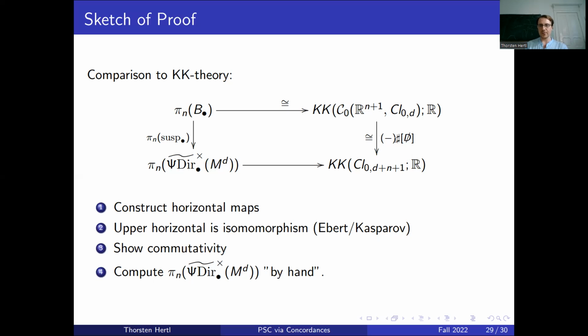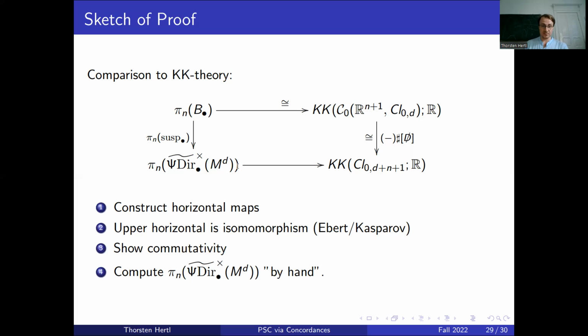Namely, this is the Kasparov product with the fundamental class of K homology. This is, so to say, the Kasparov product with a fixed KK element, which Kasparov proved to be an isomorphism. So this is well known, classical.